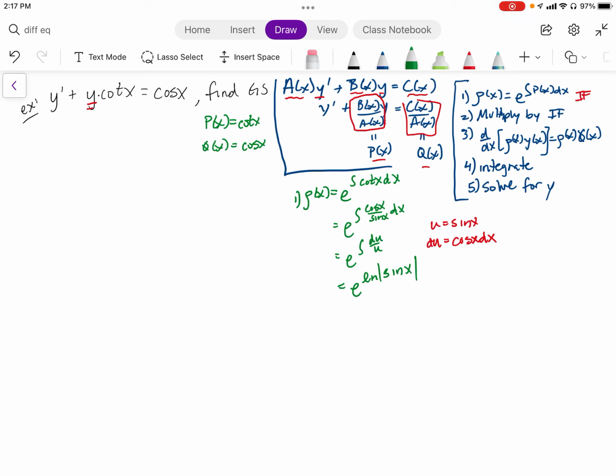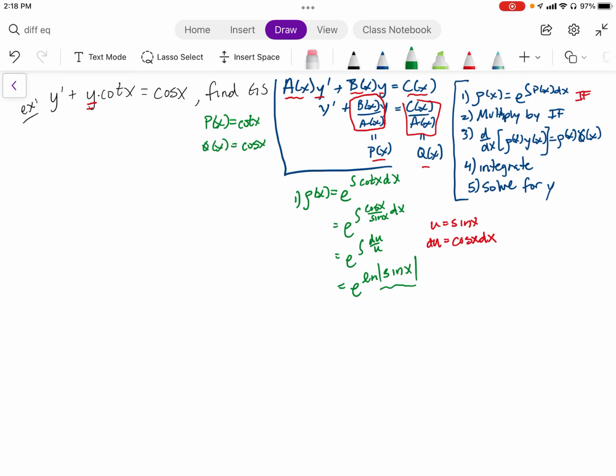Often when we do these, it will all work out where we know that that would be positive. So why do we know that right now? Well, remember, there's a domain restriction. You cannot take the natural log of a negative.